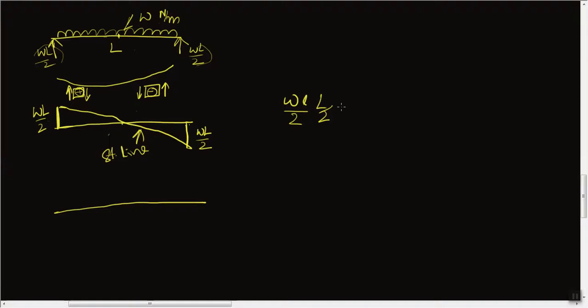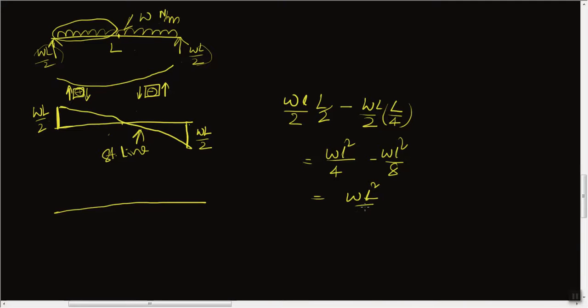Load into distance minus the load we have to consider here, which is W into L by 2, acting at the center of gravity of this half load, at L by 4. This is nothing but WL square by 4 minus WL square by 8, which is WL square by 8.